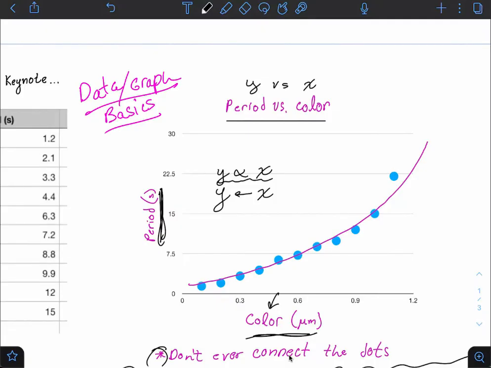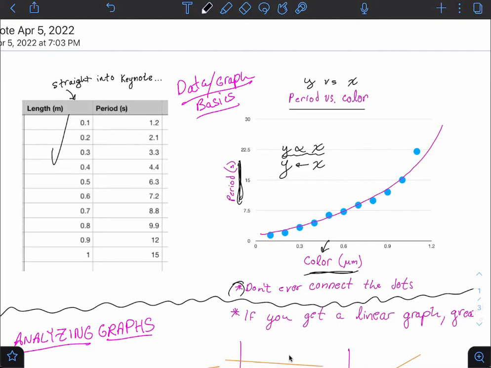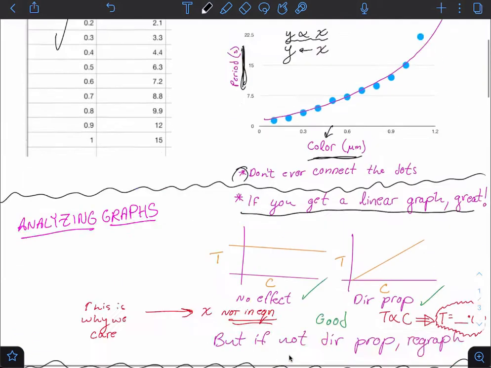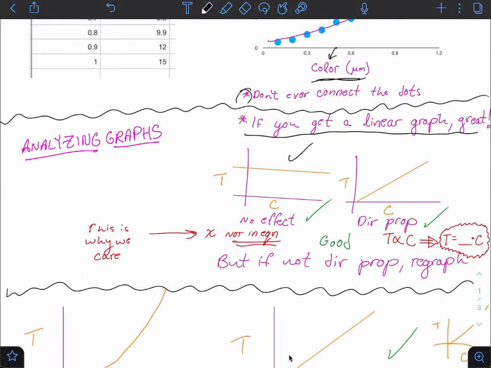Your ultimate goal: if you get a linear graph, you're great. And that's what I showed you. No effect, directly proportional. No effect means it's not in the equation, and directly proportional means color is in the numerator of the right side of the equation.